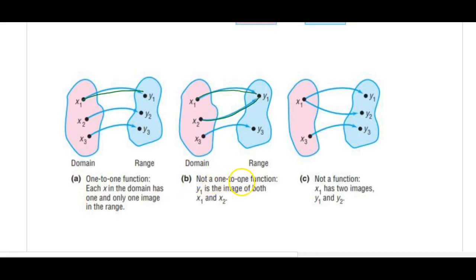Therefore, this is not 1-to-1, because this y value has two different inputs coming into it. And remember, this cannot be 1-to-1 because it's not a function in general, because this input has two different outputs, which does not follow the rule of a function. Okay?